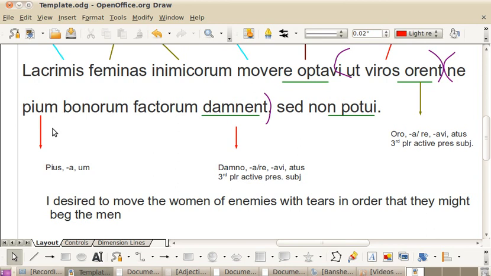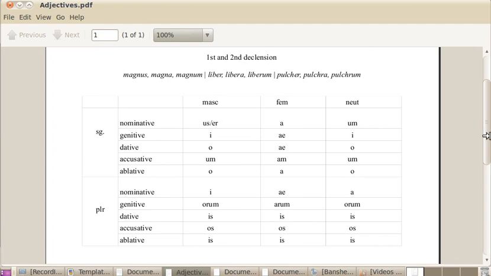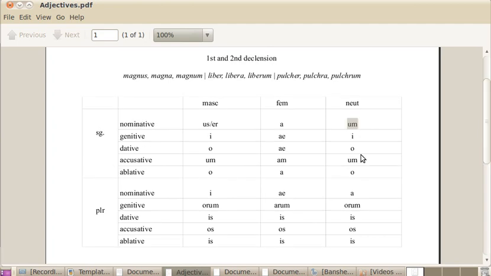So let's go to our adjective paradigm in the first and second declension adjectives and look for UM. We see it in three places. We see it in the neuter nominative singular, we see it in the neuter accusative singular, and we see it in the accusative masculine singular. So we could already start canceling out information because we know that this isn't going to be neuter nominative singular, because damnant needed a neuter plural.